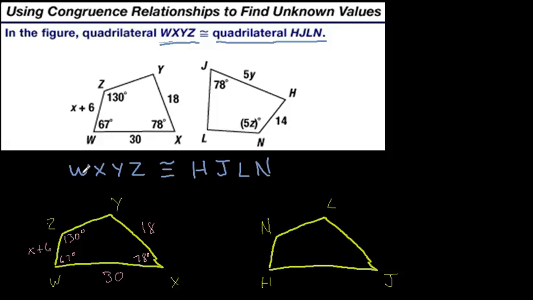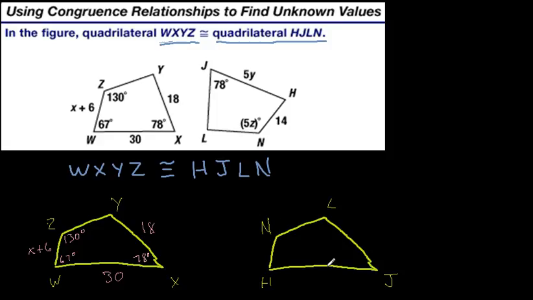So I could say line segment WX corresponds to line segment HJ, and line segment XY corresponds to line segment JL right here. This helps me visualize the shapes in place.